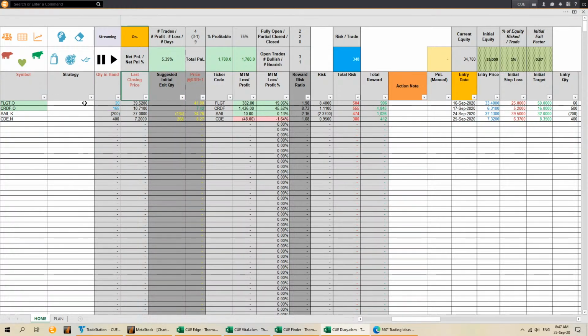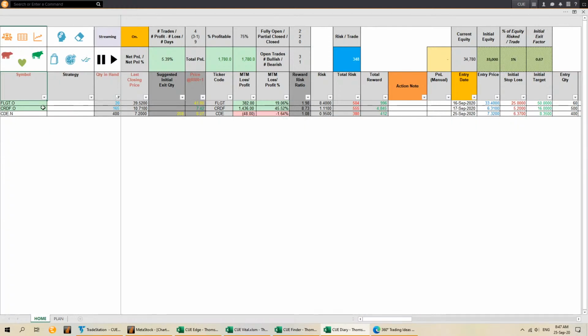Now, when we are watching our trades, we may do several things. For example, I may want to know what my bullish holdings are. Then I may click the bull icon. It is telling me I have FLGT, CRDF and CDE, these three as my bullish trades.